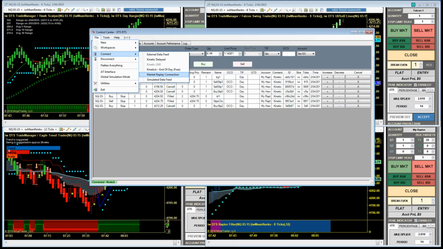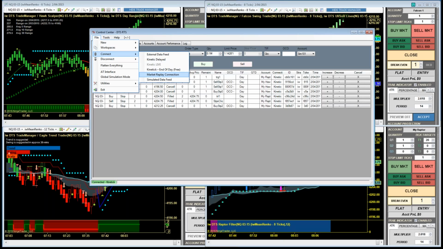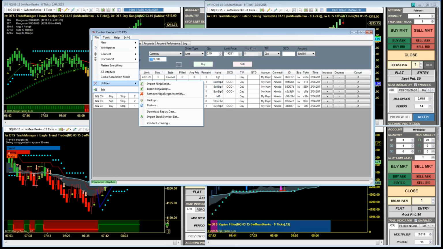Bob's asking, would you go over the market replay feature? Well, the market replay is here in your account settings. So when you go to connect, you can connect to the market replay. And in market replay, you can enter which market you want to replay. But before you do that, I believe you need to download the data for the market that you are interested in.